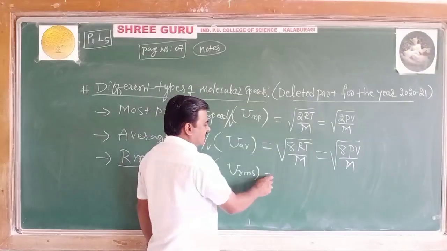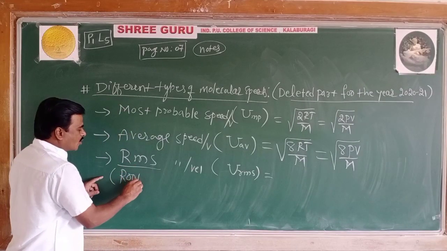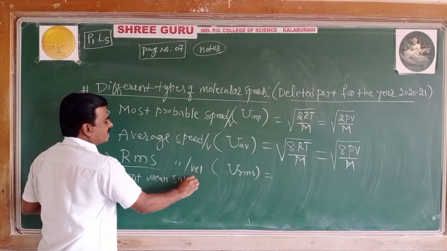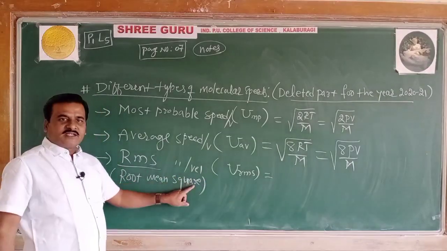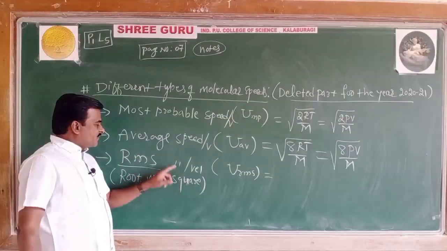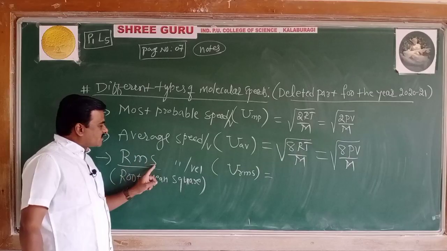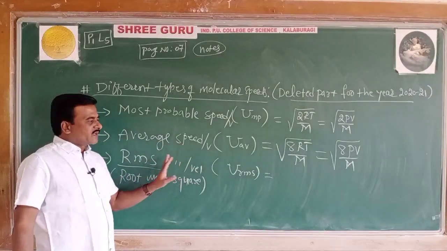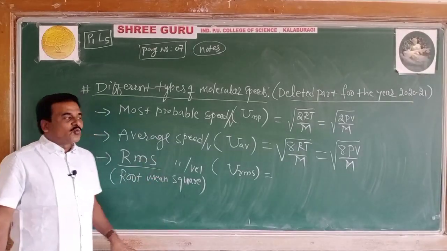Then looking at the RMS velocity, it is root mean square velocity. The square root of the mean of squares of velocity of the molecules of a gas at a given temperature is called root mean square velocity.